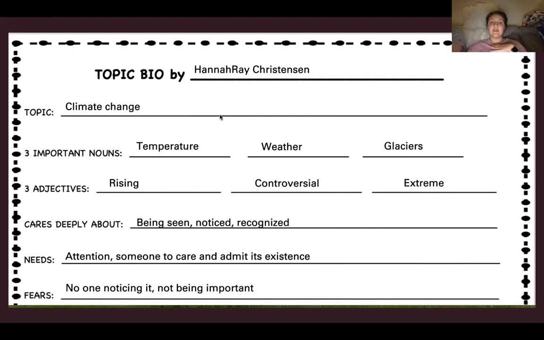But the way that I did it, and the way that I feel is most challenging for our gifted students, would be to put yourself in the mind of the topic, kind of like in multiple perspectives, putting yourself in the mind of the inanimate object. So I said that climate change cares deeply about being seen, noticed, and recognized, and it needs attention, someone to care for it and admit its existence, and it fears no one noticing it and not being important.